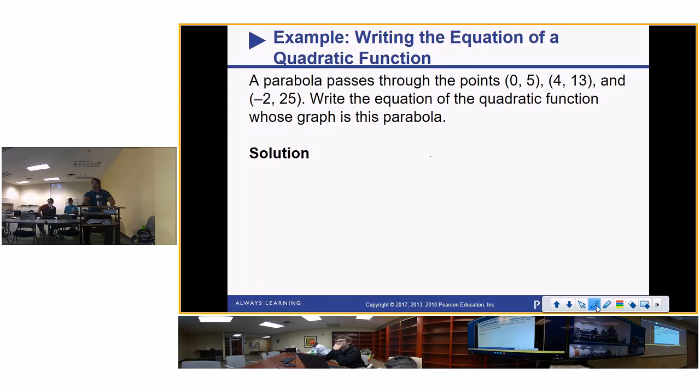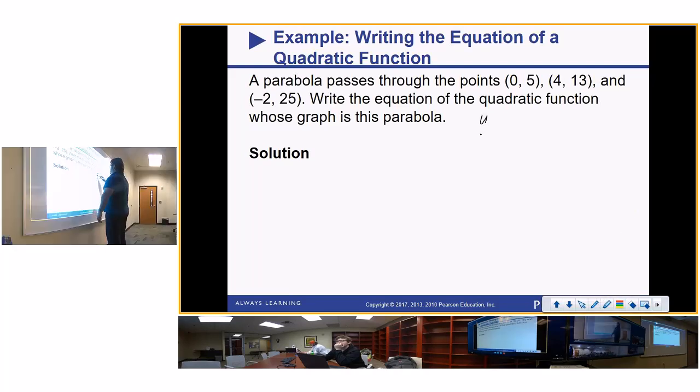And you're going to start with y is equal to ax squared plus bx plus c. Somebody tell me what that is. Y is equal to ax squared plus bx plus c. What is that? Quadratic form.